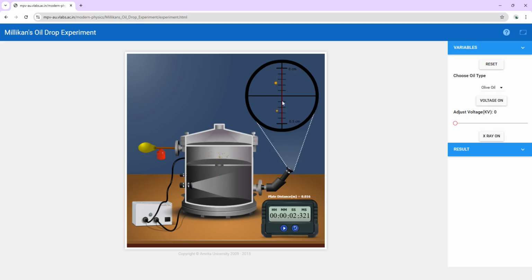We want it to be in equilibrium. So I can increase the voltage, and you'll see already that the oil droplets have slowed down. Some of them that have quite a large charge on them are already being attracted upwards. Let's see if we can select some and have them appear near the top.